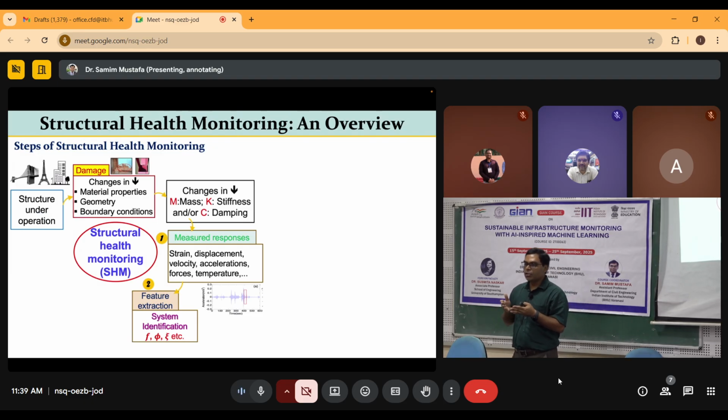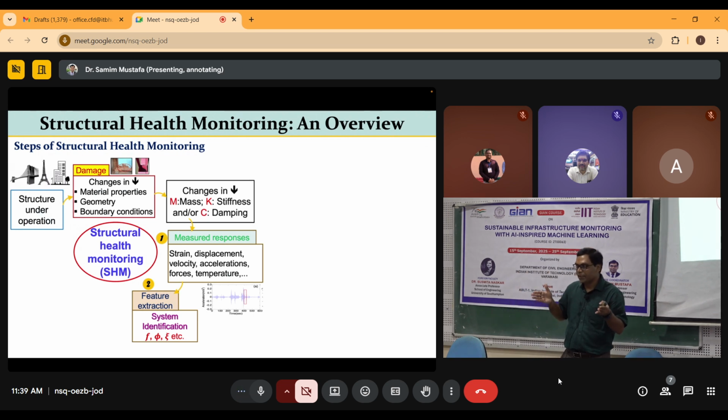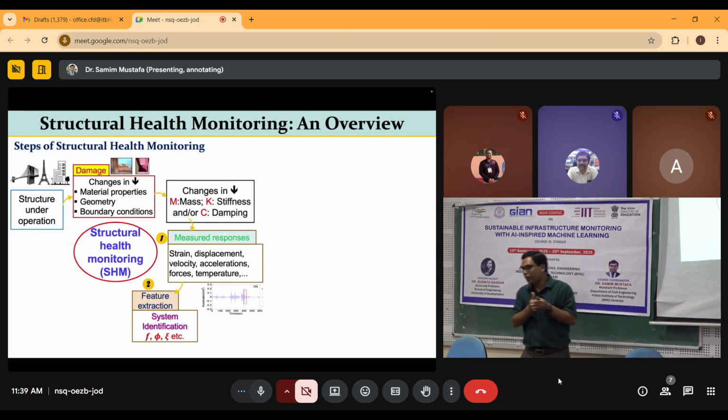Then you also need to identify the extent of damage, meaning damage severity, and also the location of the damage, where the damage is located, because unless you know the location, how can you do the maintenance, right? So detecting damage is one part, but there are several other parts also, okay.